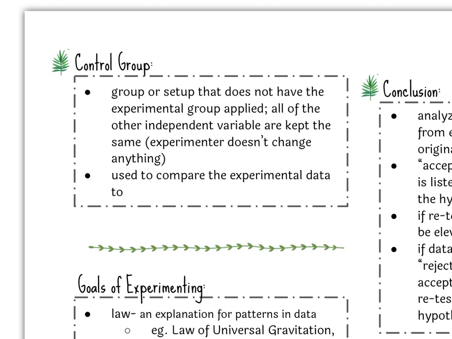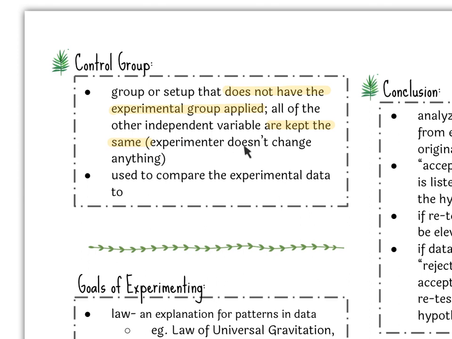The control group is the group or setup that does not have the experimental group applied, meaning that it has none of the independent variables. There is no independent variable applied to that group. The experimenter doesn't change anything, so they're all kept the same.